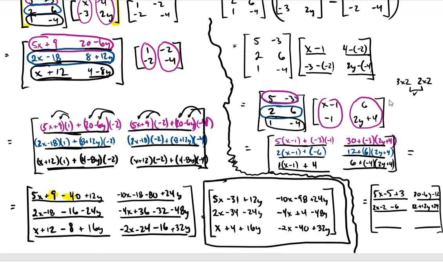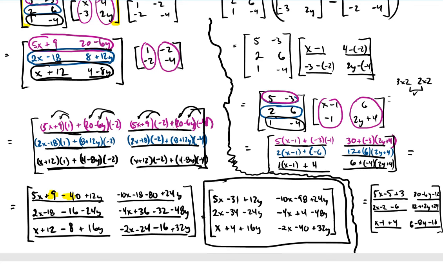And then last row, 1 times x minus 1 would be x minus 1. And then plus 4. And then the bottom right elements, we have the 6 hanging out, 6. And then the negative 4 distributes, so we'd have minus 8y minus 16.